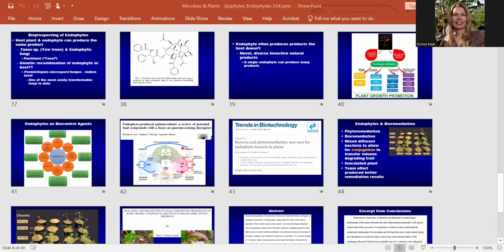So again, thinking about how these microbes are interacting with their plant host. What do they do? What do they look like when they're hanging out with the plant? There's some similarities and differences with these different types of mycorrhizal fungi.